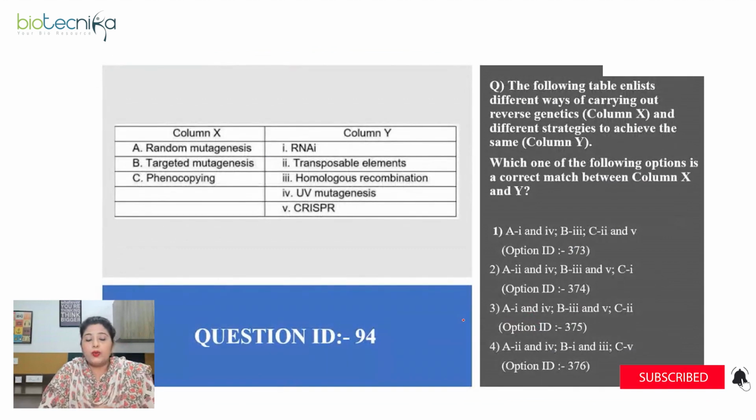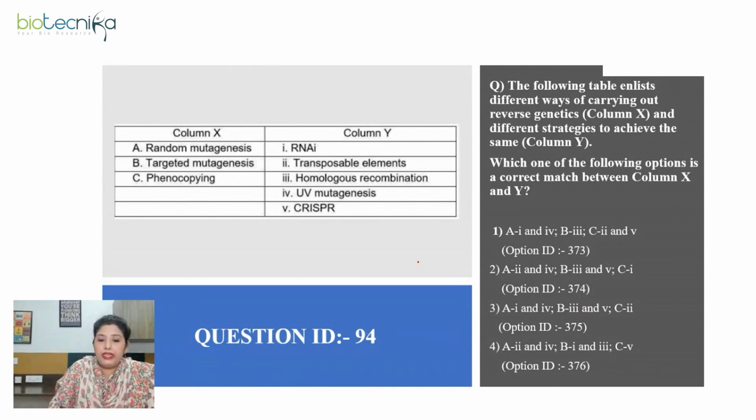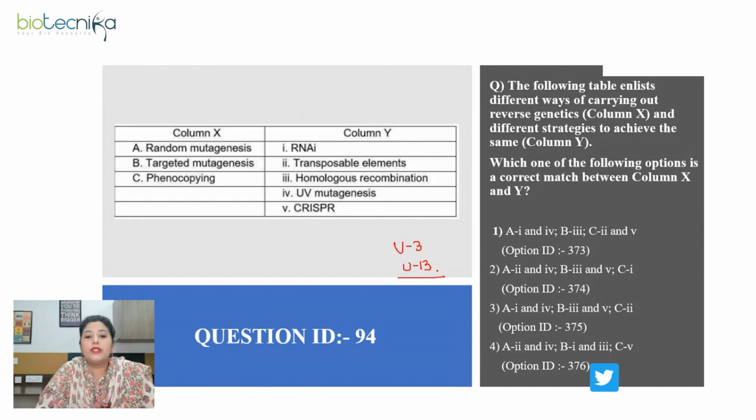Now, coming to the next question, this question is based on combining concepts from unit 3 and unit 8. Basically, in unit 3, you study about recombination and RNA interference. And homologous recombination you study in unit 8 also.